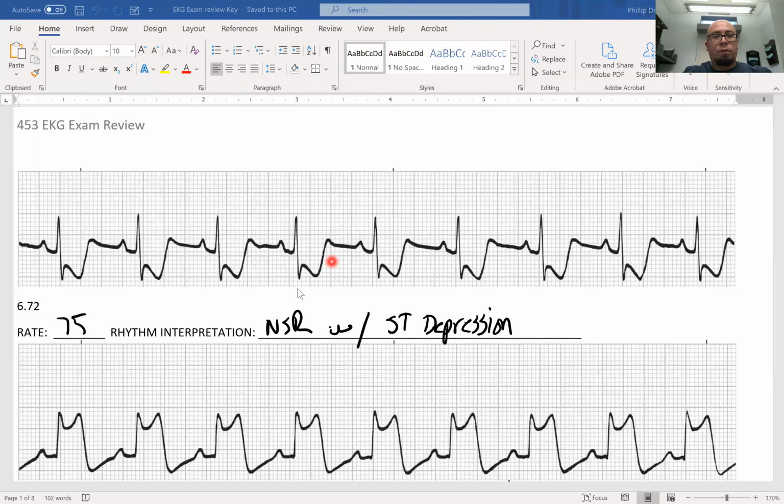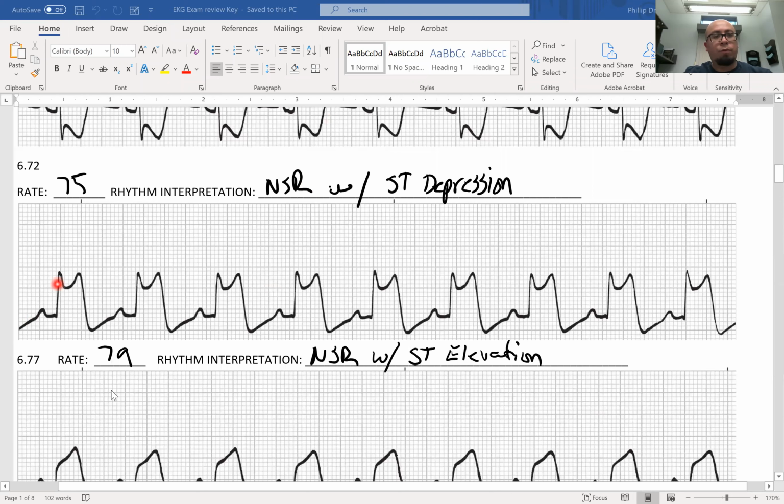Let's keep it going. Next one here, regular rhythm. We started counting from here to here, and all the way across that became regular. Our PR interval is very close, but it is actually within range. Okay, and all of them are the same. So our PR interval is okay.